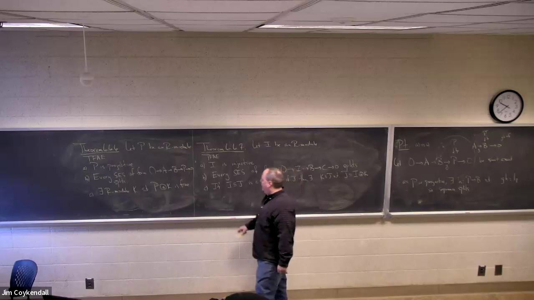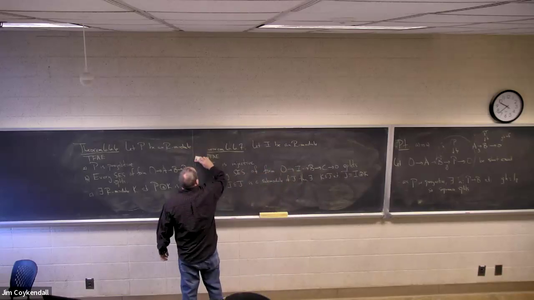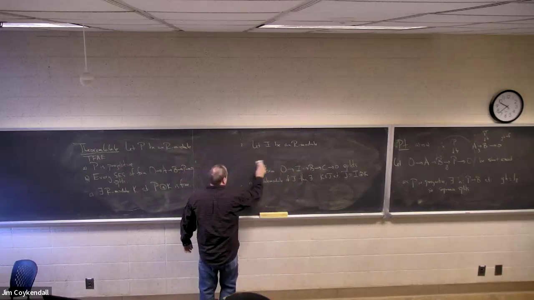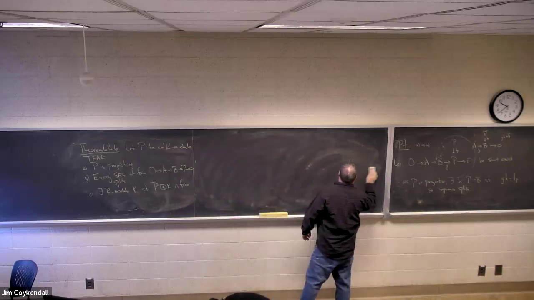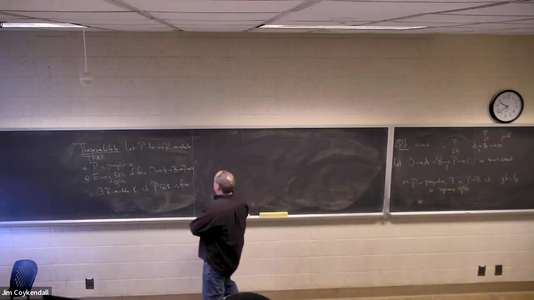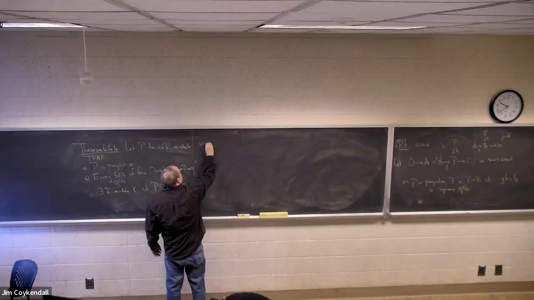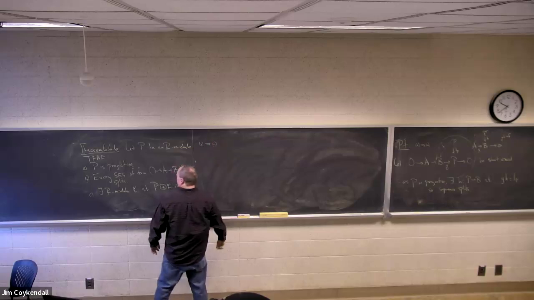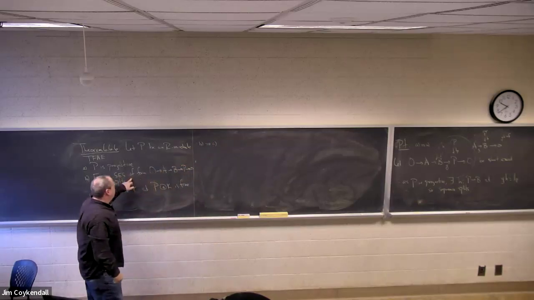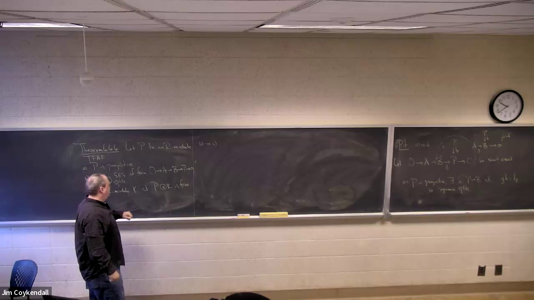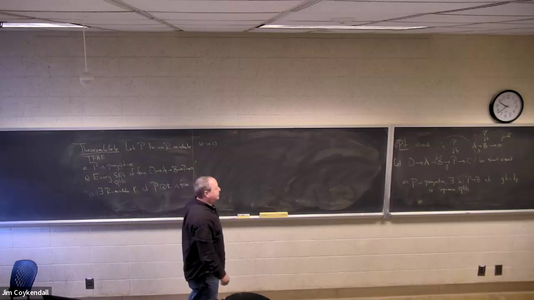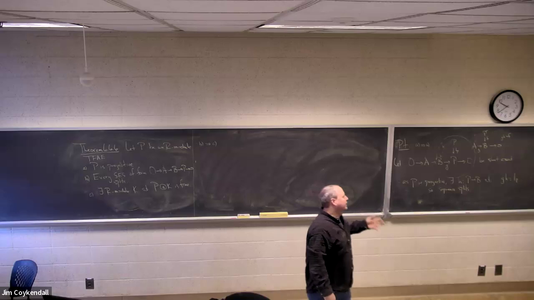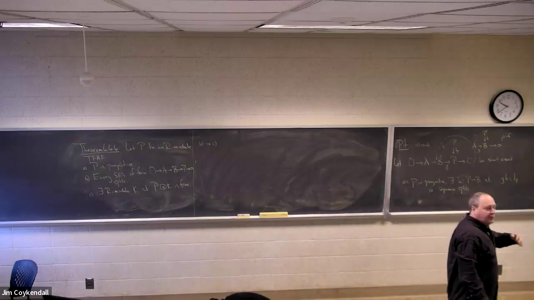How about B implies C? I have that any short exact sequence of this form splits. How can I show that P is a summand of a free module?